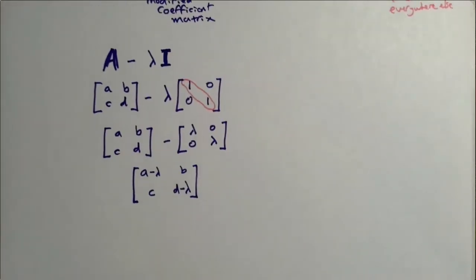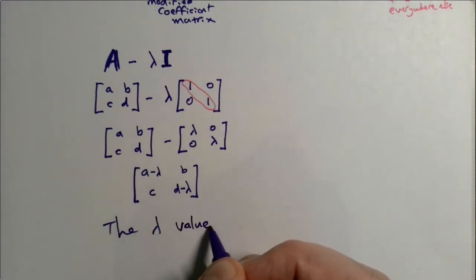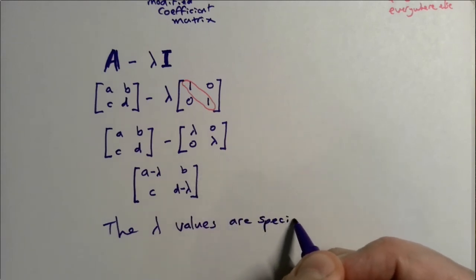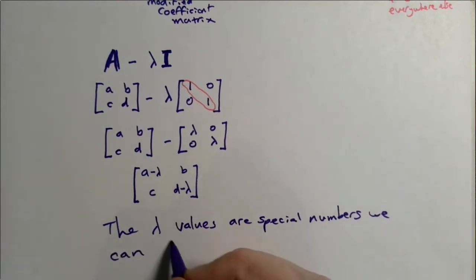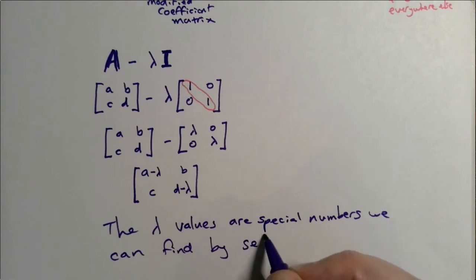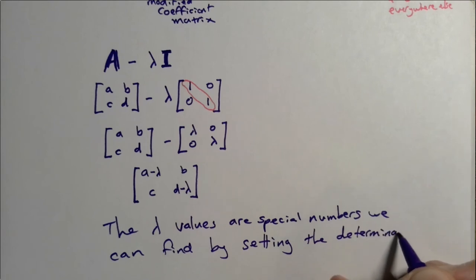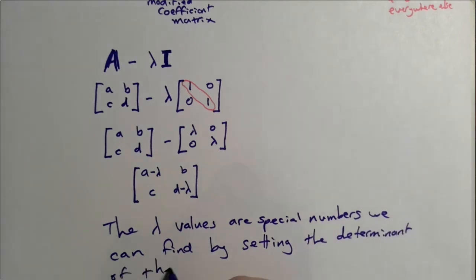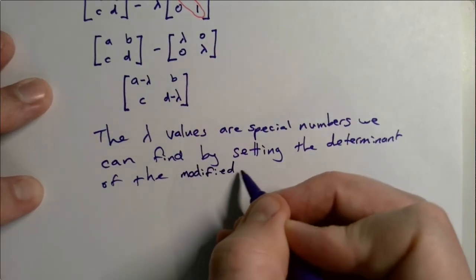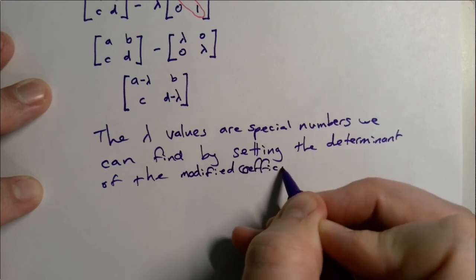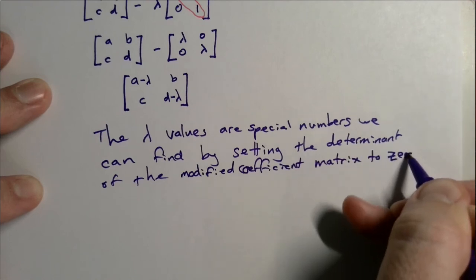Right? And so the key for us here is, what's this all about? It's the lambda values that we're looking for, special numbers. We can find them by setting the determinant of this matrix, the modified coefficient matrix, equal to 0.